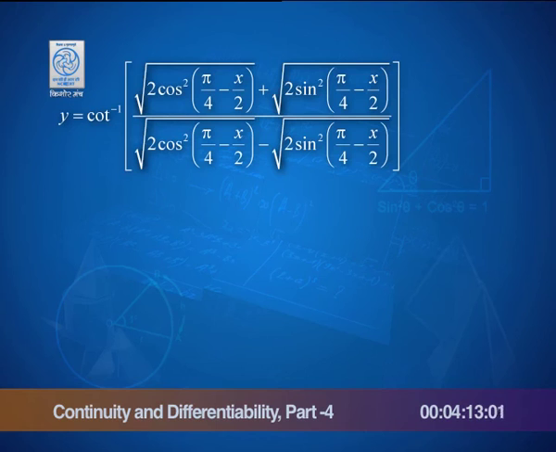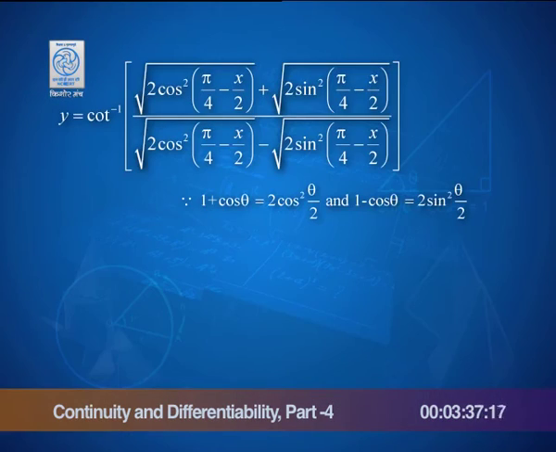Simply because 1 plus cos theta is 2 cos squared theta by 2 and 1 minus cos theta is 2 sin squared theta by 2. Therefore, 1 plus cos of pi by 2 minus x simplifies to 2 cos square of pi by 4 minus x by 2 and 1 minus cos of pi by 2 minus x simplifies to 2 sin square of pi by 4 minus x by 2.